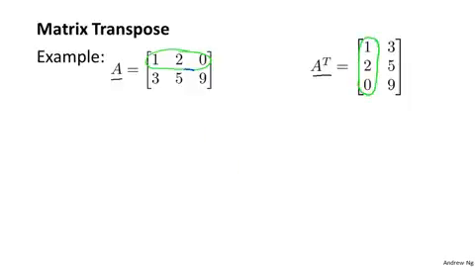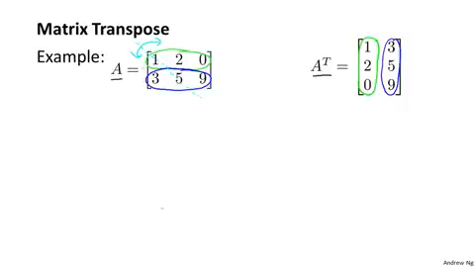Then I take the second row of A, 3 5 9, and that becomes the second column of A transpose. Another way of thinking about it is as if you're taking a 45-degree axis and mirroring or flipping the matrix along that axis.